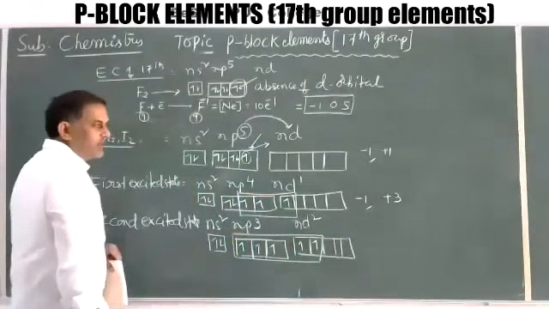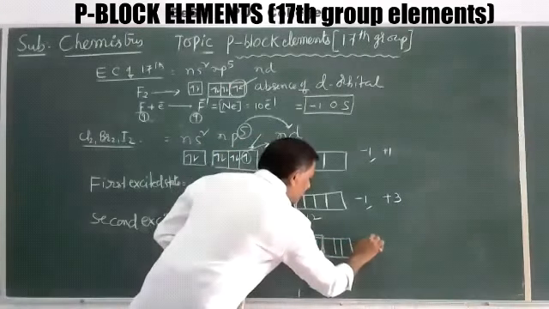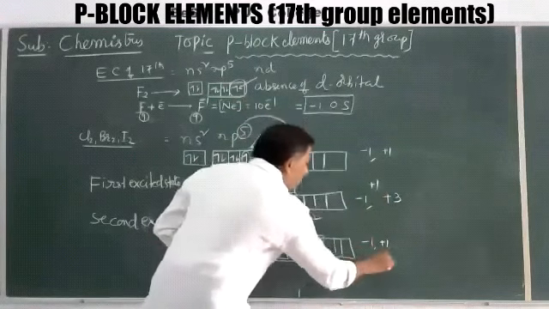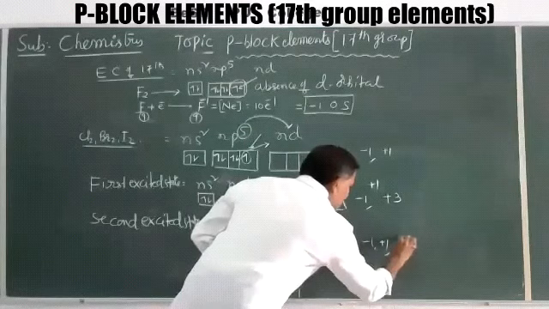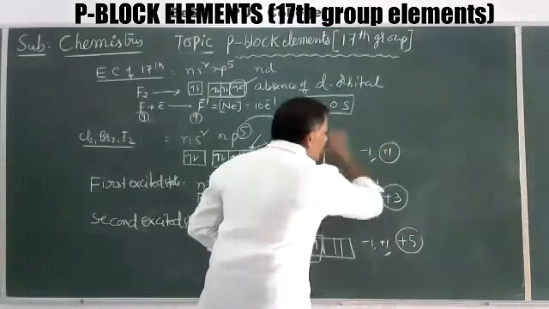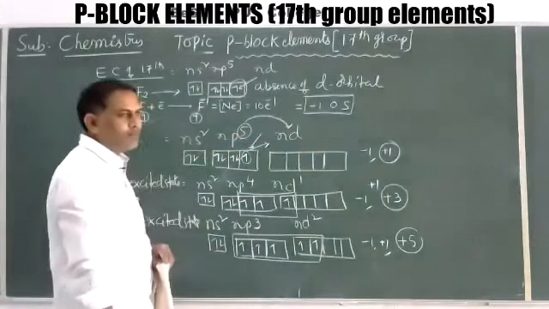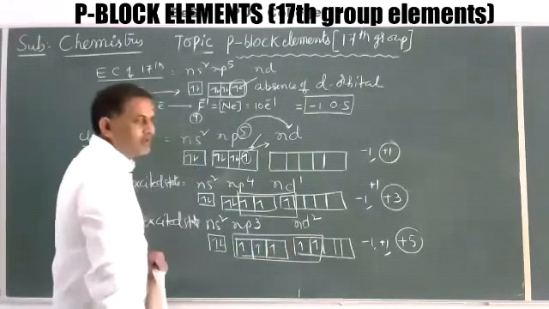In the ground state, it is ready to receive -1 or donate +1, and after donating these 5 valence electrons, it shows the +5 oxidation state. So +1, +3, +5 oxidation states: 1, 2, 3, 4, 5.